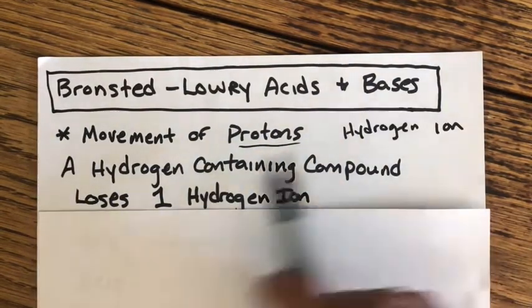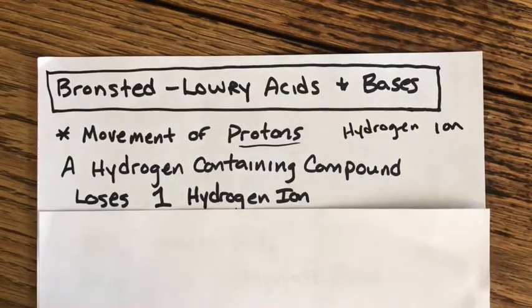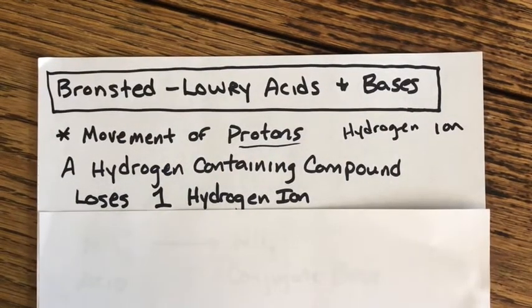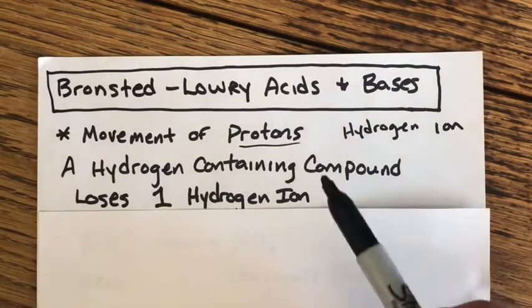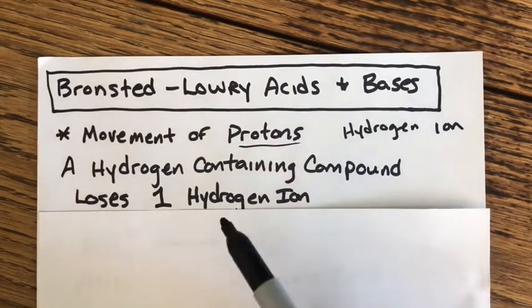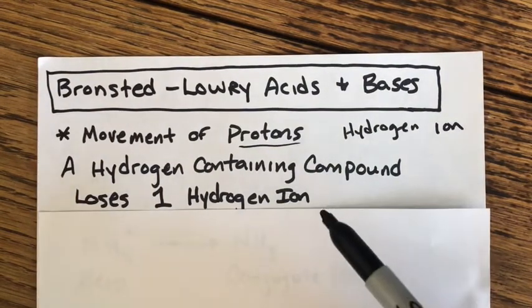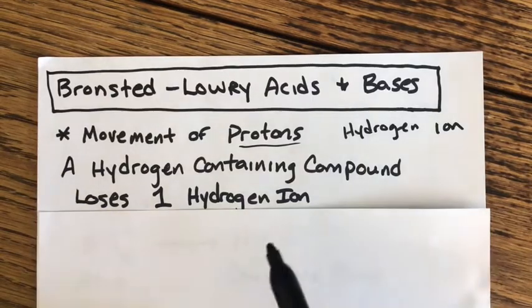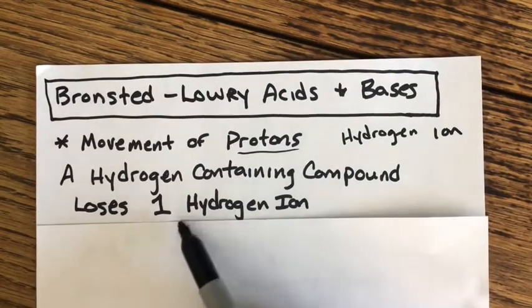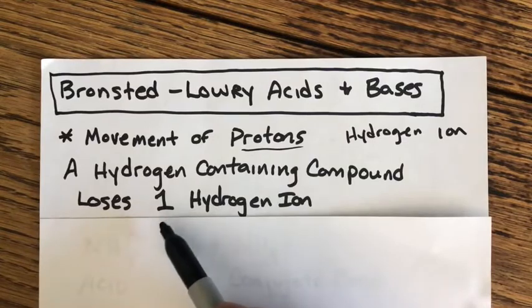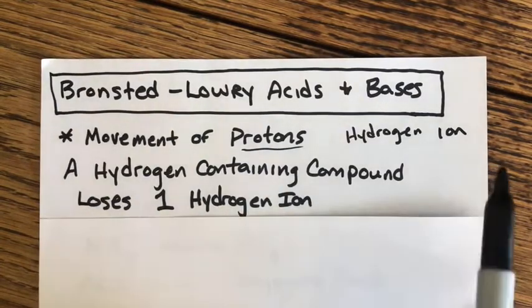So we'll use those terms together. The way Bronsted-Lowry acids and bases work is that we gain and lose hydrogen ions from a chemical formula. Okay, and so we're just talking about the movement of a single hydrogen ion from one place to another.